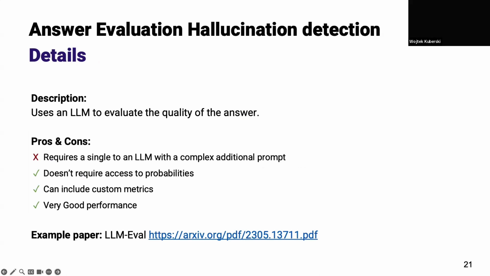But I'm getting ahead of myself, so let's talk about the details. As a description, we use an LLM to evaluate the quality of the answer, so we'll have one additional LLM call, which is much better than the previous approach, but we still are basically doubling our costs because we need to call an LLM twice, and maybe even more than that, because we're going to put the entire answer, entire prompt, and an additional prompt asking for the evaluation.